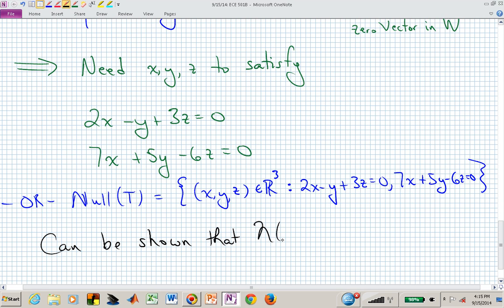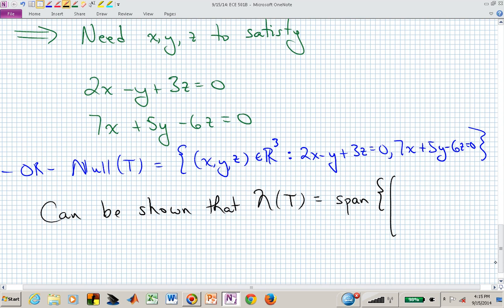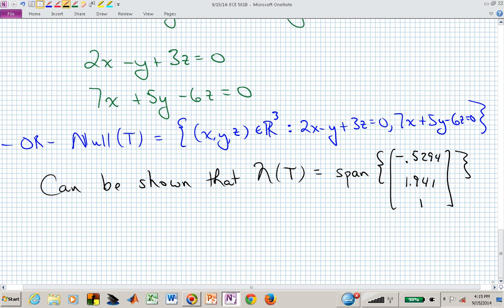It can be shown that the null space of T is equal to the span of (-0.5294, 1.941, 1). And that's actually an approximation.